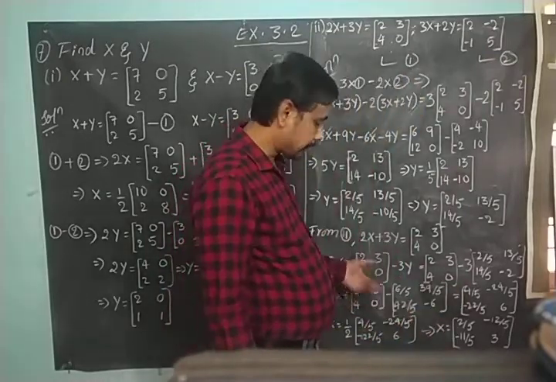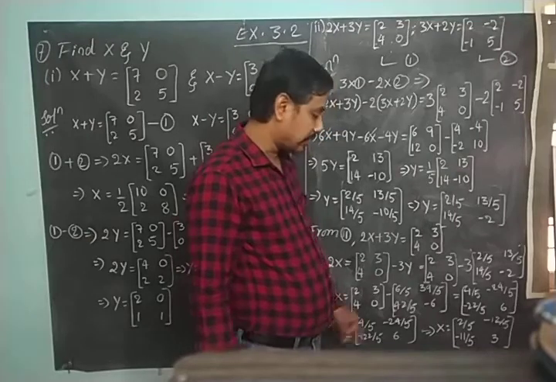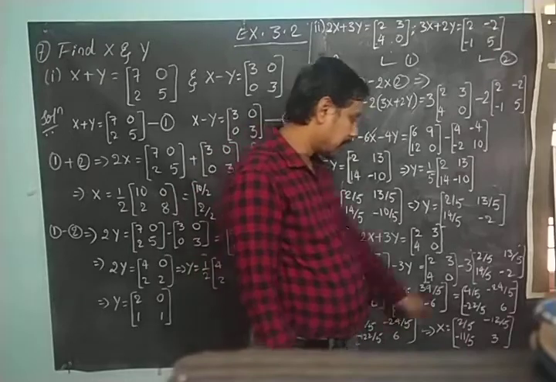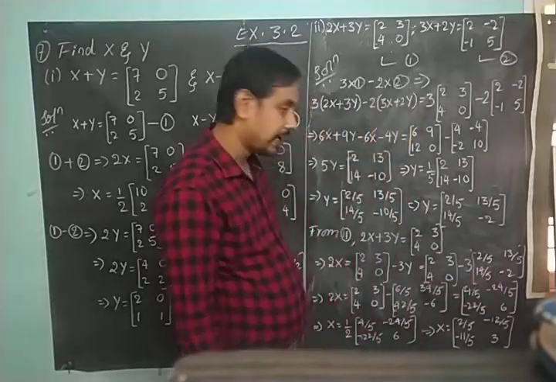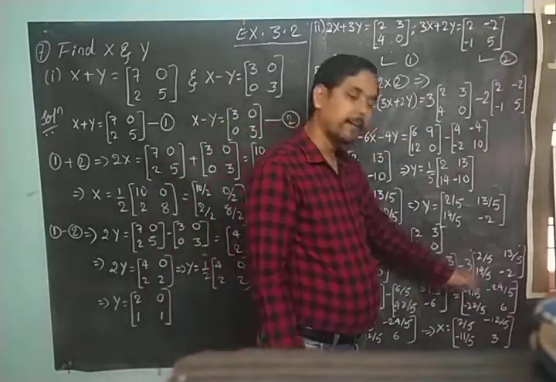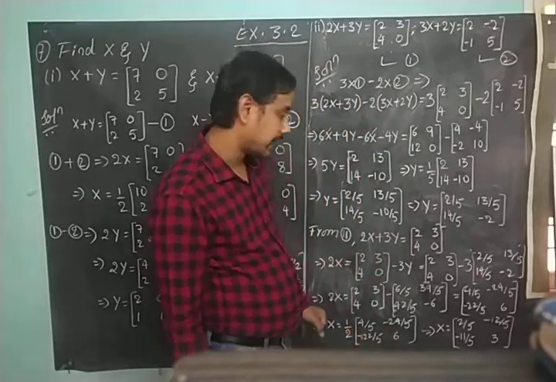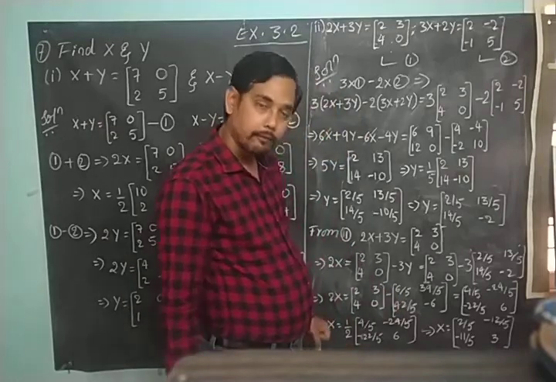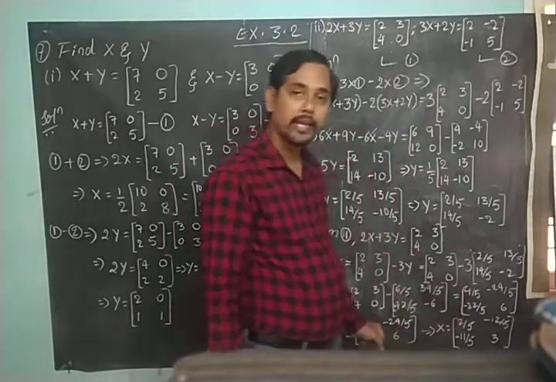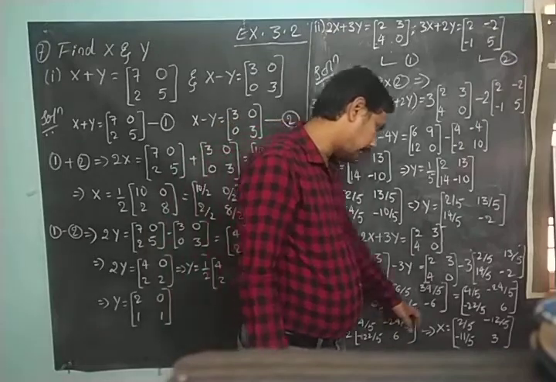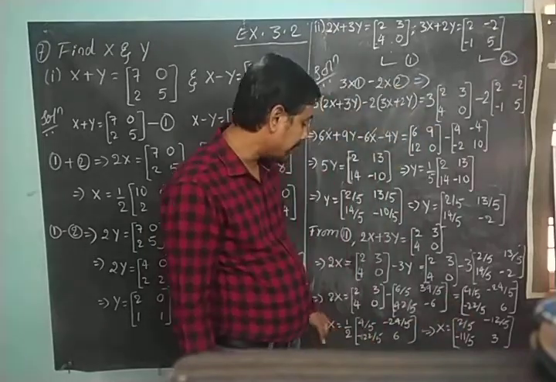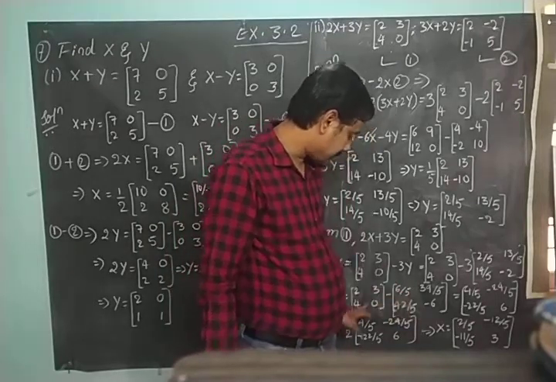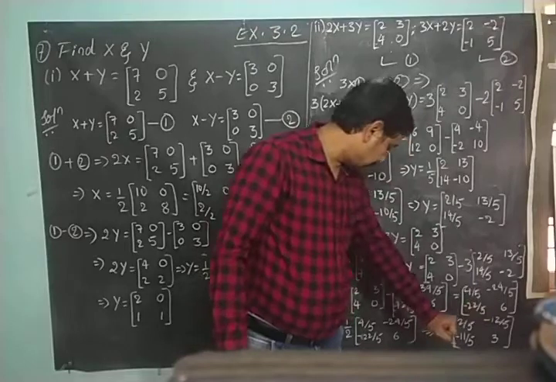If you take the LCM, subtracting 6 by 5 from 2 gives 4 by 5. 3 minus 39 by 5 will fetch you a value of minus 24 by 5. 4 minus 42 by 5 will give you a value of minus 22 by 5. And 0 minus of minus 6 is nothing but plus 6.